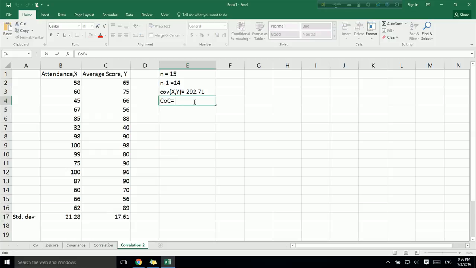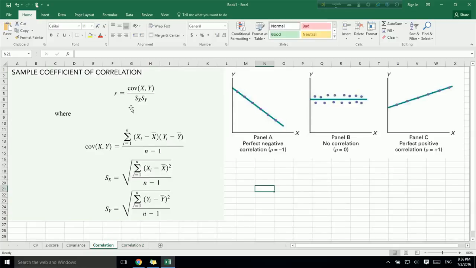Now, the coefficient of correlation, as you have seen in the formula, is covariance of xy divided by standard deviation of x times standard deviation of y.